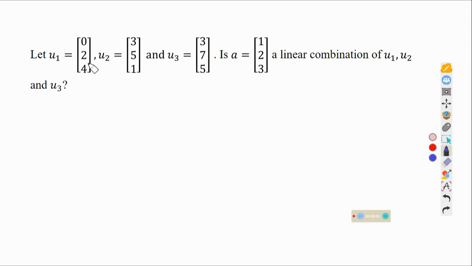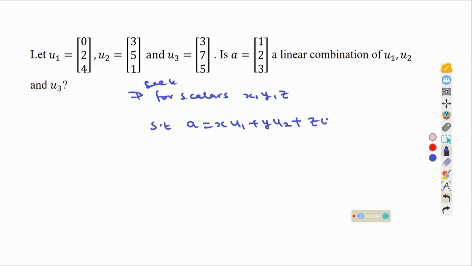You are given U1, U2, and U3, and they want you to show whether A equal to this is a linear combination of U1, U2, and U3. So what you are interested in, you need to seek scalars, for example x, y, and z, such that you are able to write A as a linear combination of U1, U2, and U3.